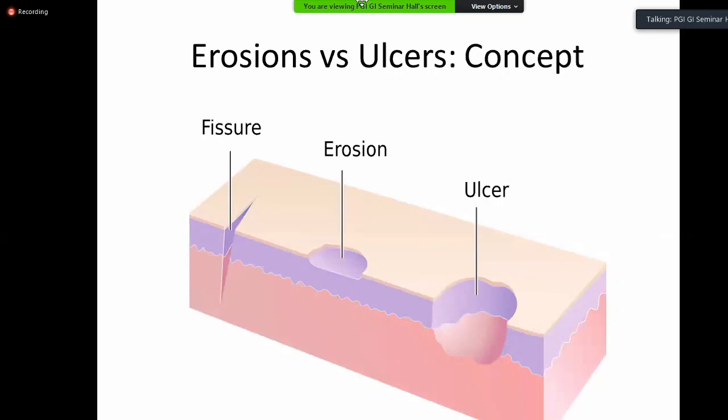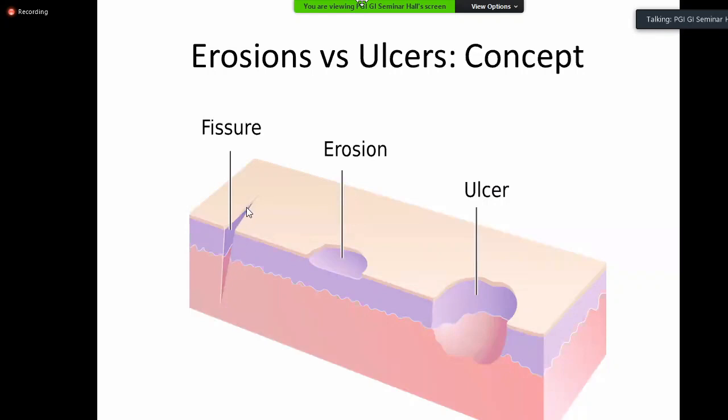Now, some of the very basic concepts: erosions versus ulcers. An erosion is a purely mucosal defect. An ulcer is a mucosal and submucosal defect, which can be even deeper than that. A fissure, we hardly ever report, but some patients with inflammatory bowel disease can have fissures also.